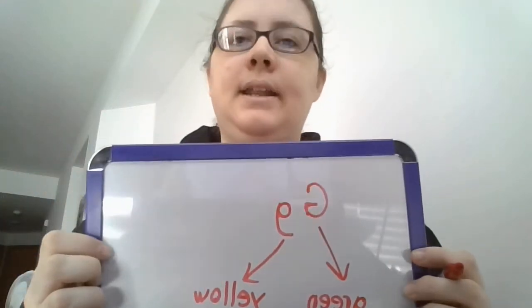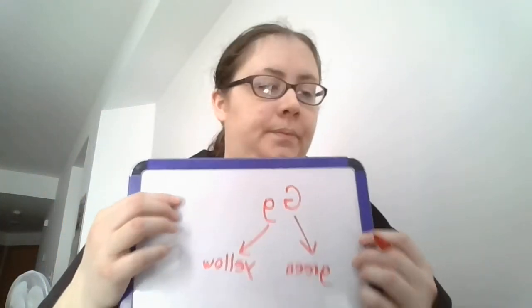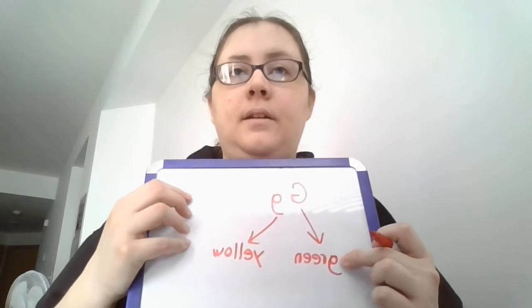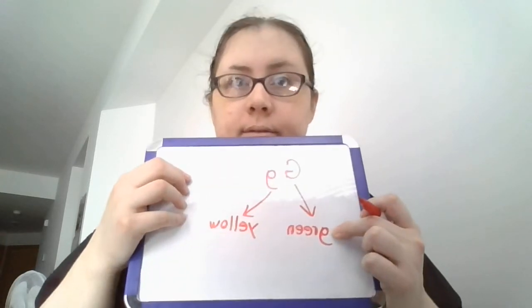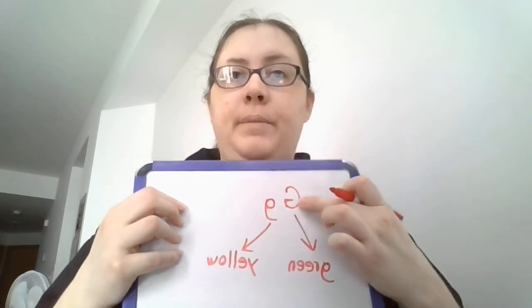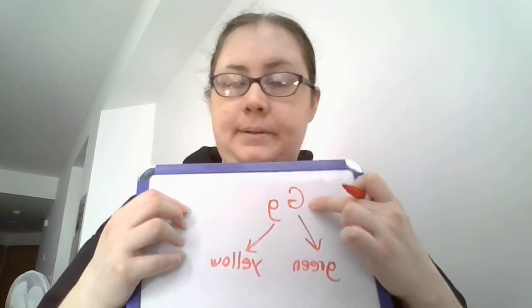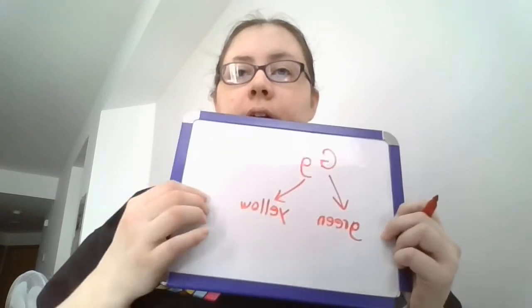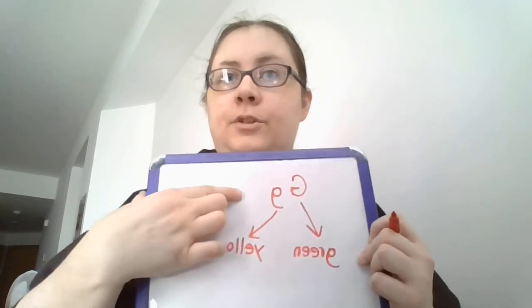My backwards writing is getting worse and worse. So, in these plants, the color green, represented by our big G because it's dominant, and then we have our yellow gene, which is recessive.